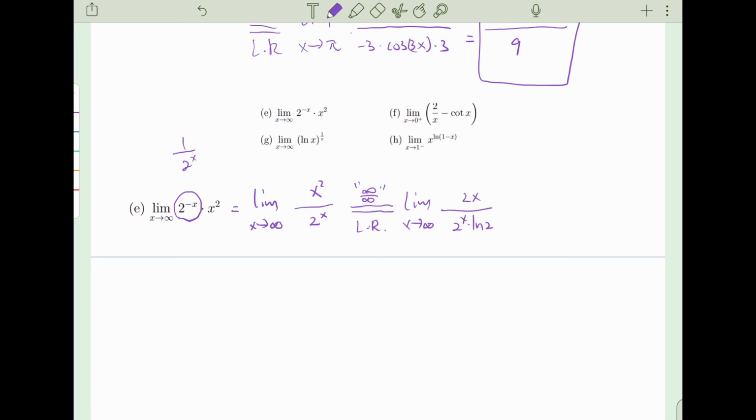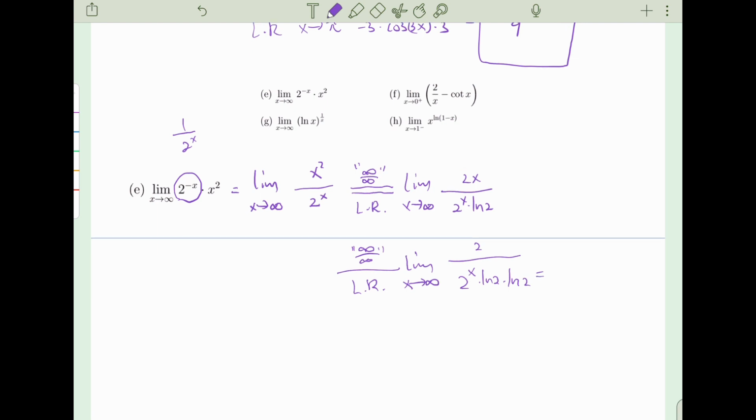And now I plug in infinity to this expression again and see that they're both still going to infinity, which means that I apply this again, take the derivative of the top and the bottom again, and now this becomes 2, and the derivative of the bottom is 2 to the x times ln 2 times another ln 2, right? And now only the bottom is going to infinity, the top is already a constant, so we see that is 2 over infinity, which is equal to 0. And therefore the limit is 0 for this question.